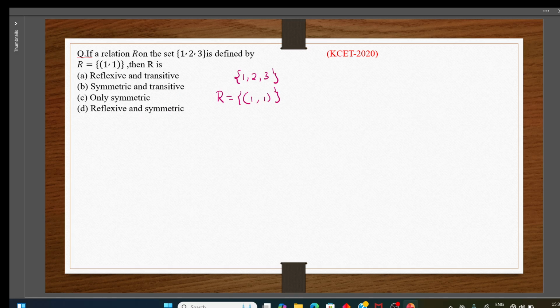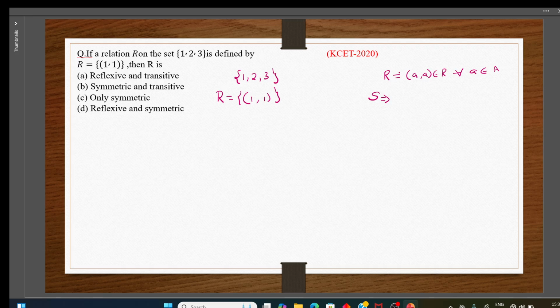From this relation, first we have to check reflexive, symmetric and transitive. What is reflexive here? Reflexive means (a, a) belongs to R for all a belonging to set A. Next is symmetric.